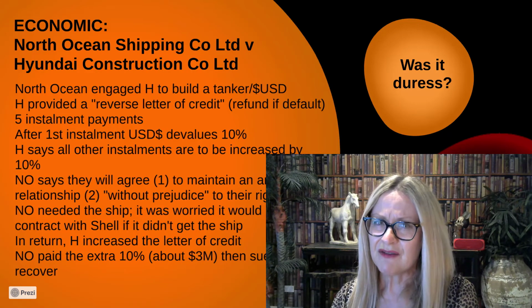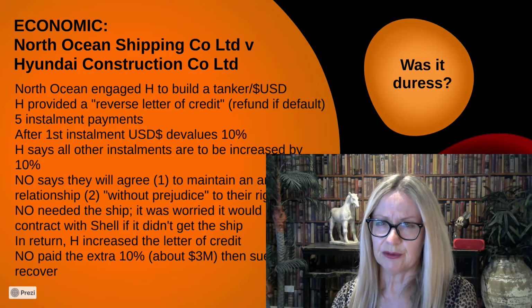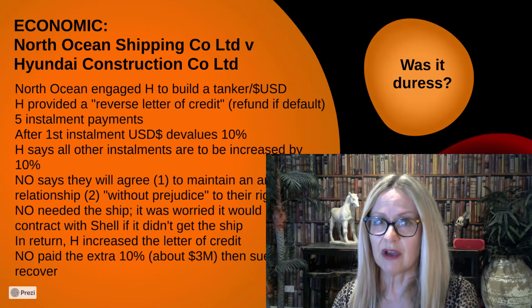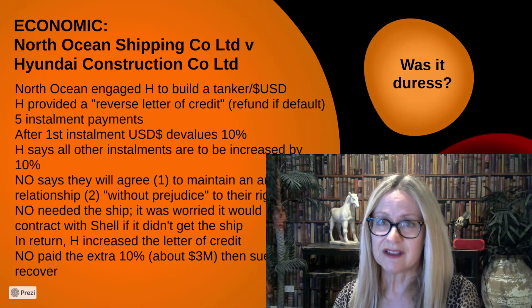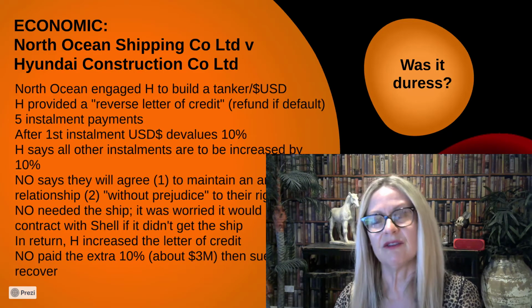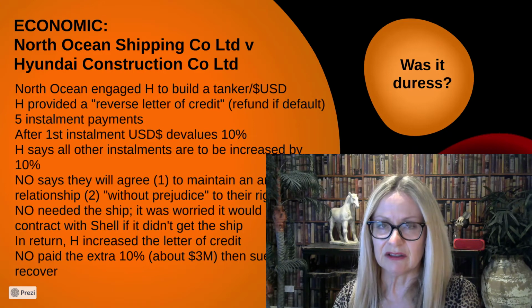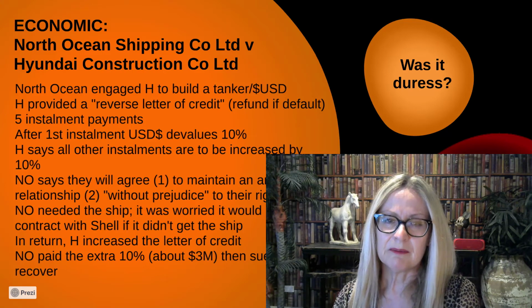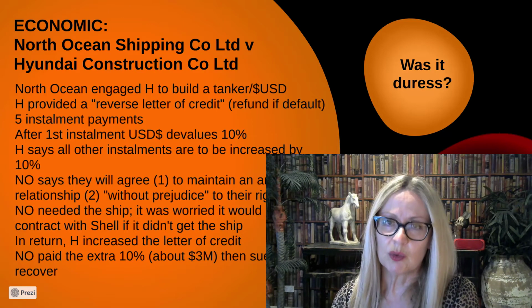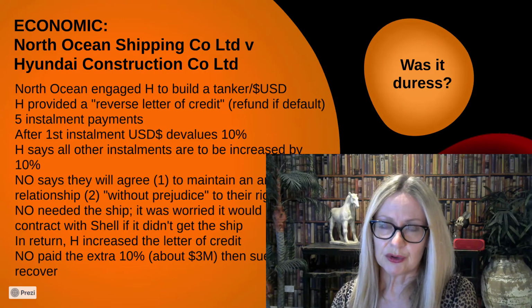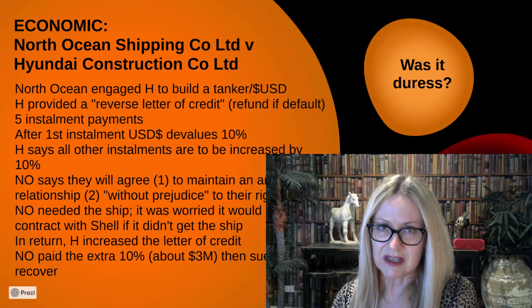You didn't have that extra layer of pressure that you had in the Hawker Pacific helicopter case, because North Ocean didn't actually tell Hyundai that it had this large deal in the wings. But nevertheless, that was one of the factors pushing them towards signing on the dotted line when Hyundai said that they wanted the extra payment.